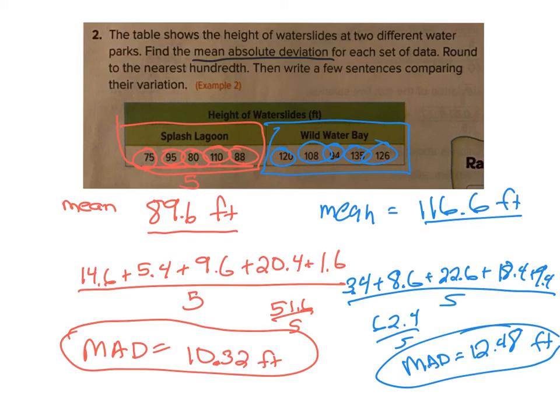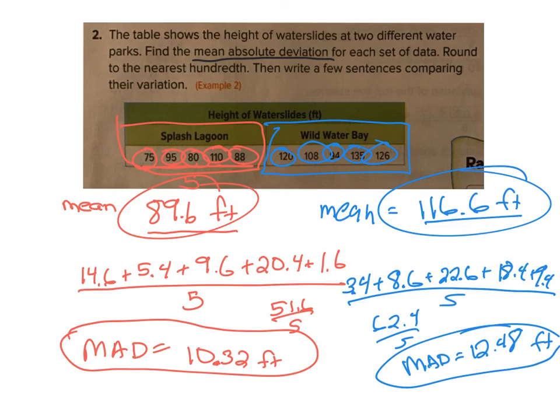So there's a bigger variation, a bigger deviation in the water slides at the Wild Water Bay Park as compared to the Splash Lagoon. So you might get some that are short and some that are really tall at that place. That gives you a couple pieces of data to compare. You can compare the averages, but you can also figure out the mean absolute deviation and compare that too.